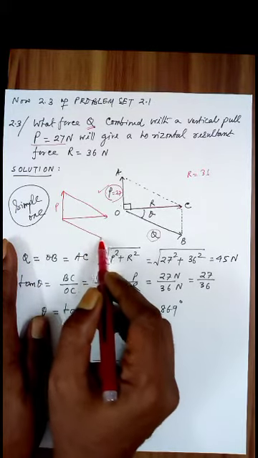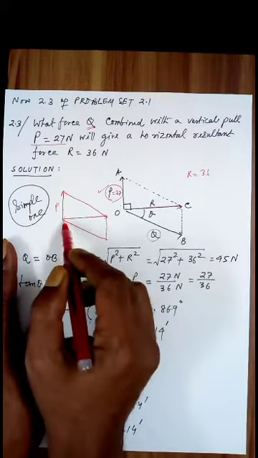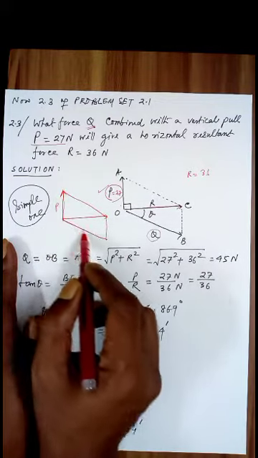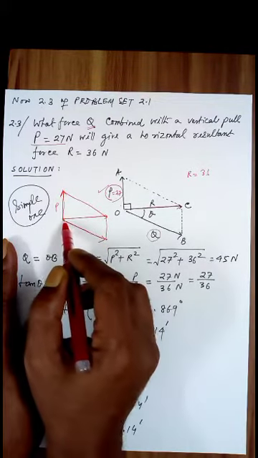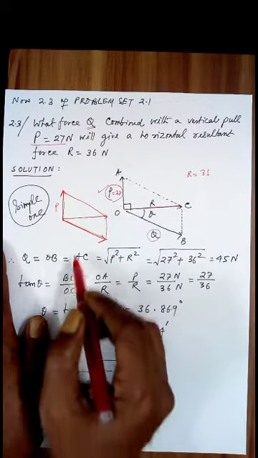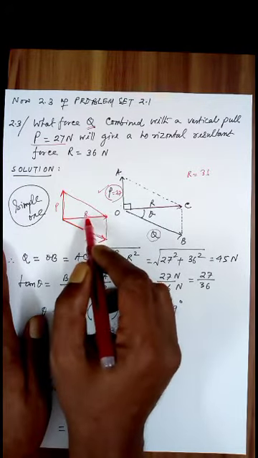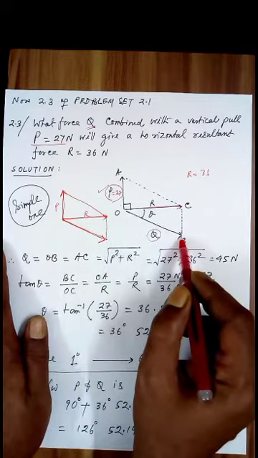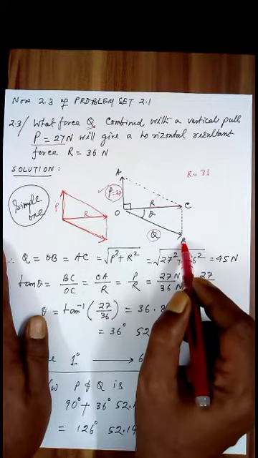Naturally, with P, if you combine this, then this side and this side become the two adjacent sides of a parallelogram, and this is the diagonal, therefore this is the resultant. So your Q is like this, from O to B is your Q. Let this angle be theta.